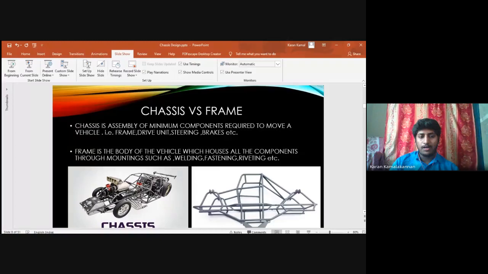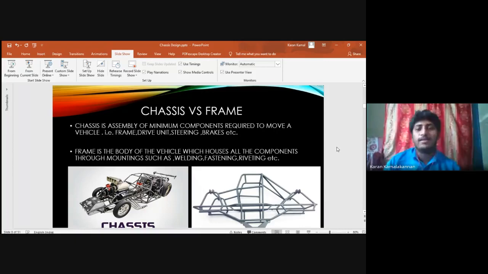We call that a chassis. And the frame is the body of the vehicle which houses all the components. It is the part where all the components get mounted through welding and fastening. So that is what we call the frame. So next time, make sure that while using the words chassis and frame, you know the difference.